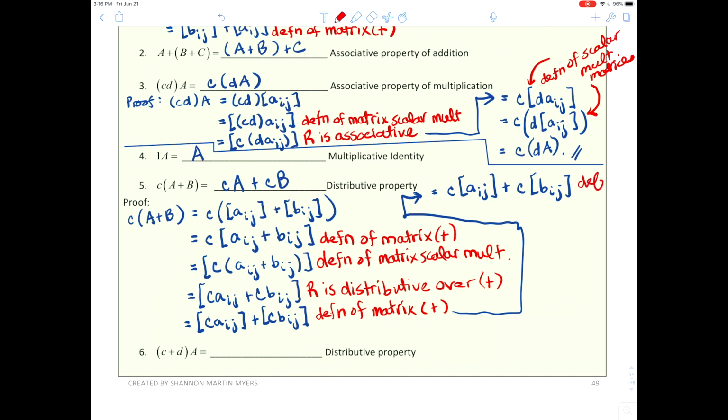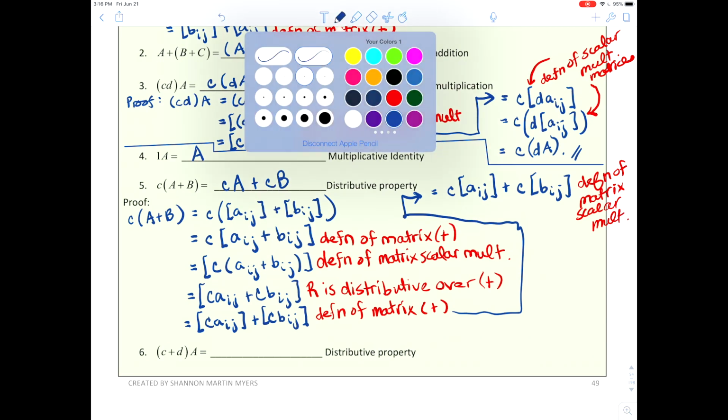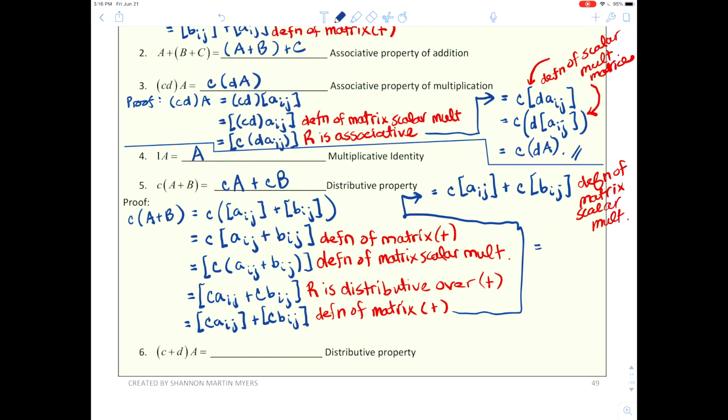Definition of matrix scalar multiplication. And then, lastly, we'll have C times A plus C times B, which is what was to be shown.